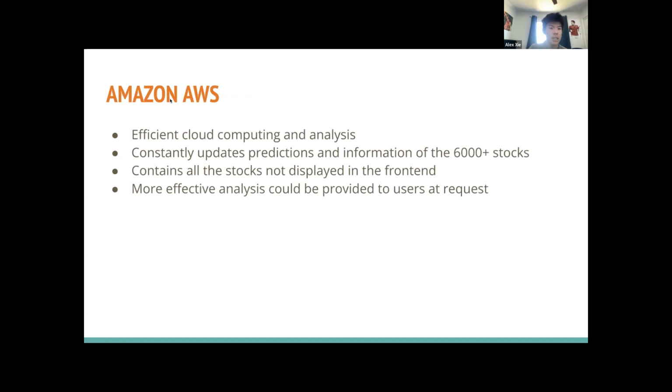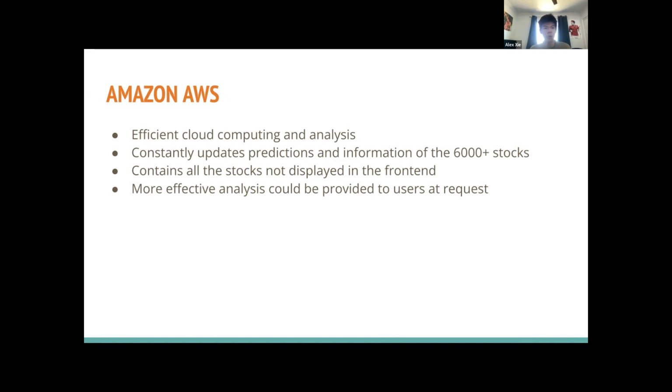And here's another resource. This is probably also a really important step to our prediction and the app, which is Amazon AWS. This is just an efficient cloud computing and analysis platform that we use, which constantly updates predictions and information about the 6,000 stocks that we have.